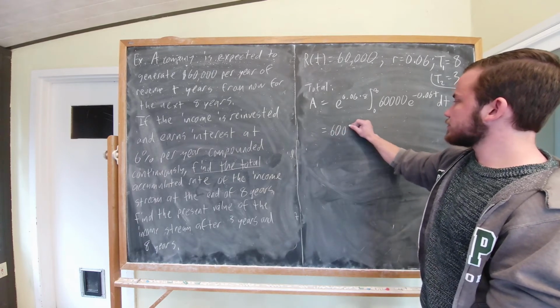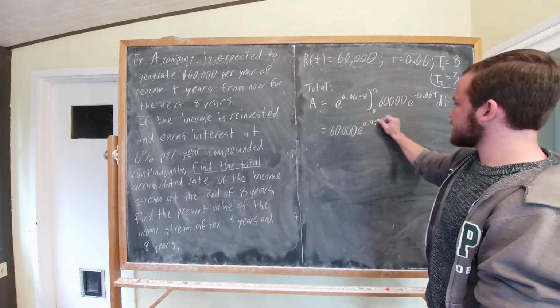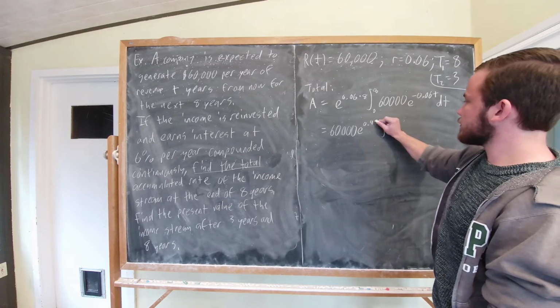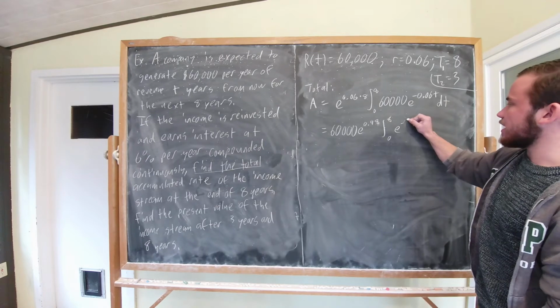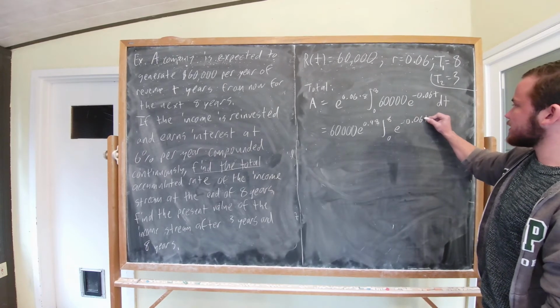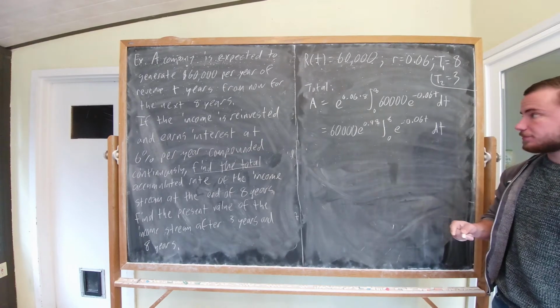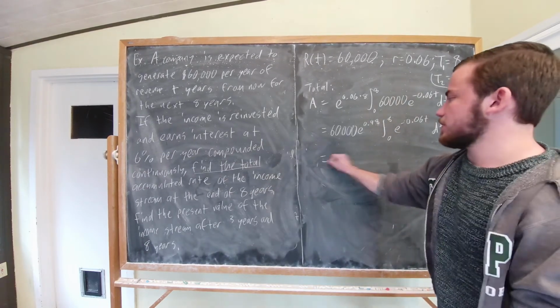60,000 e to the 0.48 times the integral from 0 to 8 of e to the negative 0.06 t dt. You can run your u sub, you can do whatever you want.